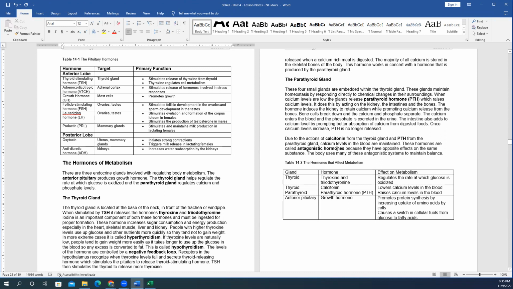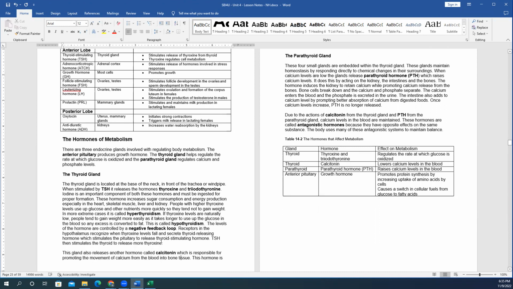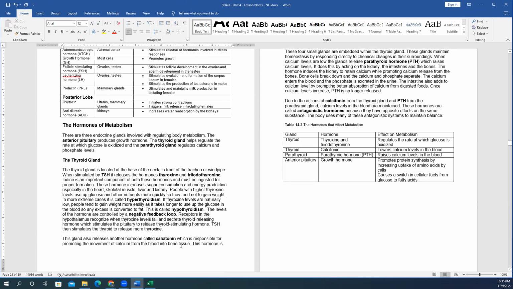So calcitonin, which was one of the hormones that we mentioned is released from the thyroid gland, we mentioned it over here. Together, this calcitonin and the parathyroid hormone, these two work in concert really to keep calcium levels in the blood at the proper level.